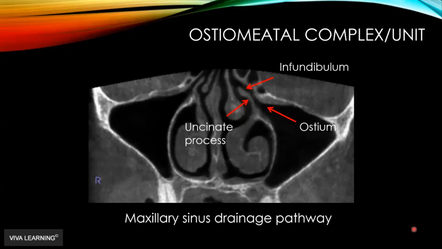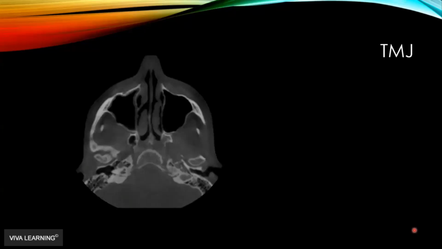Well, if you remember your anatomy, the maxillary sinus is lined by the Schneiderian membrane, and the epithelium is the pseudostratified ciliated columnar. And the cilia on those cells is what moves those secretions up into the ostium, and that's how it drains into the nose.